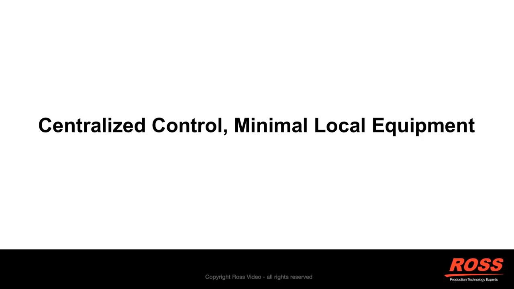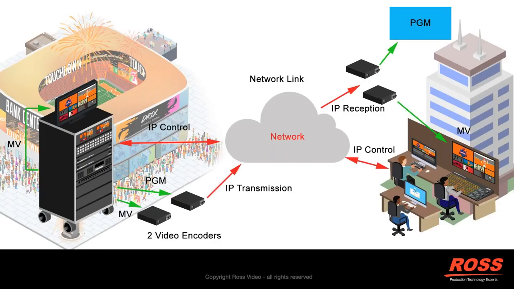Could be a television network with multiple sites. So centralized control with minimal local equipment is one of the examples that we've worked with a number of customers on. In this particular example, it's a very simple example, obviously highly stylized in this slide.